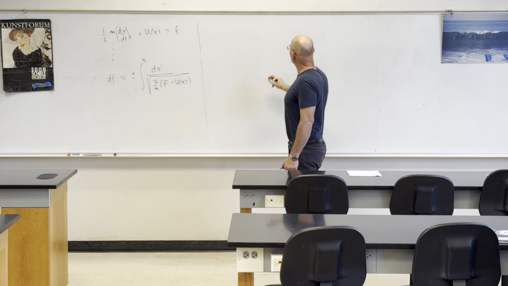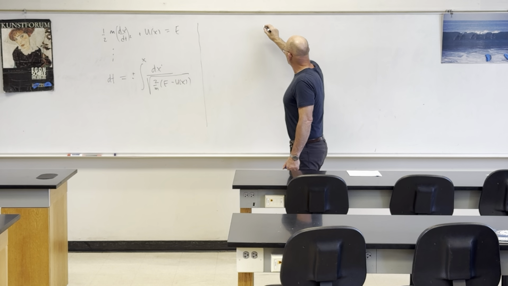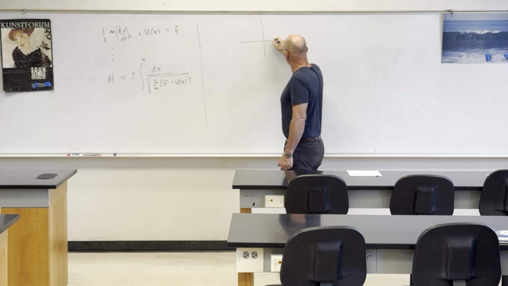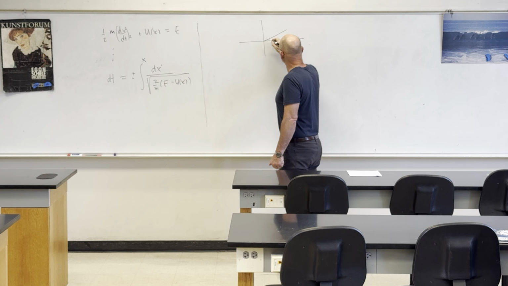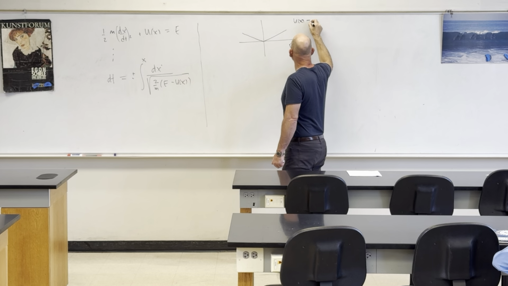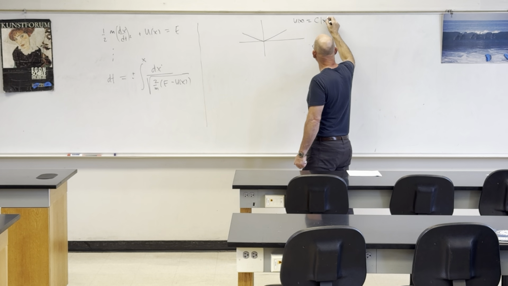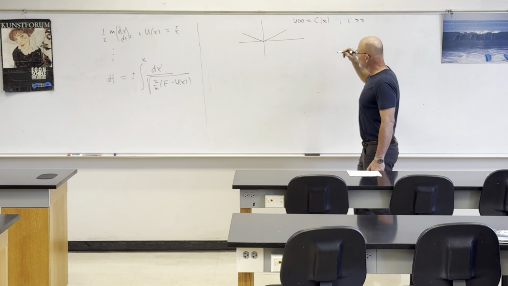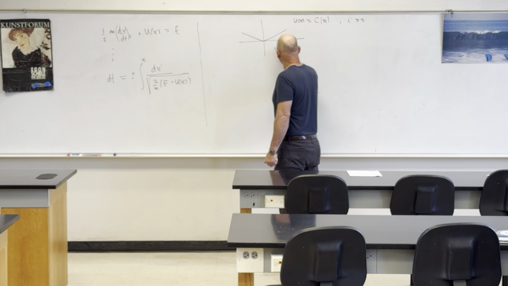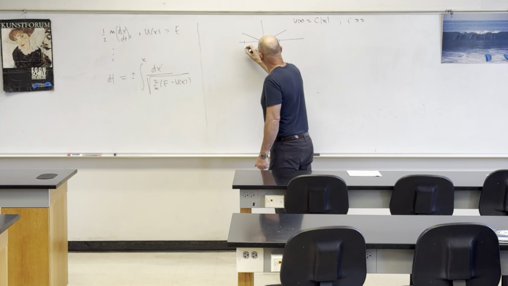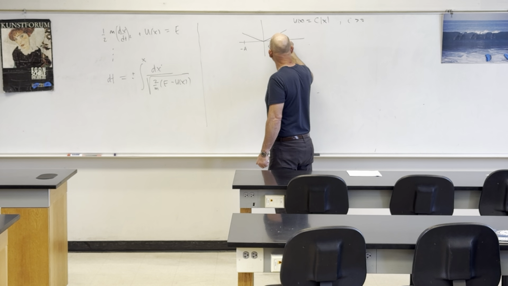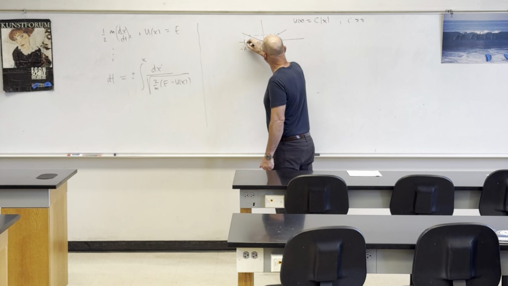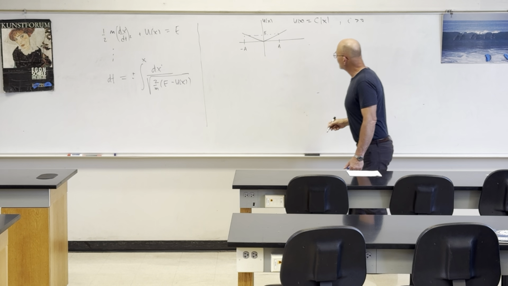One thing you can do is what we had assigned here, which was we had u of x was c, a positive constant, times the absolute value of x. So it looks like that. And you know, if I indicate a and negative a, and an energy level E, so that has been indicated.